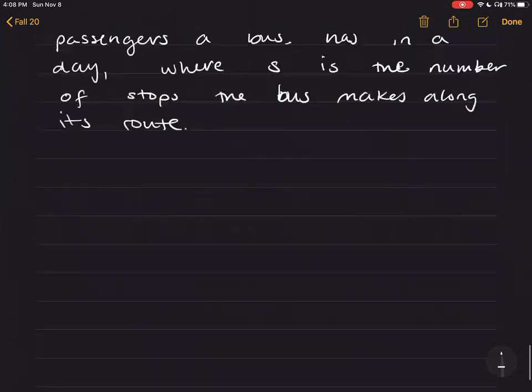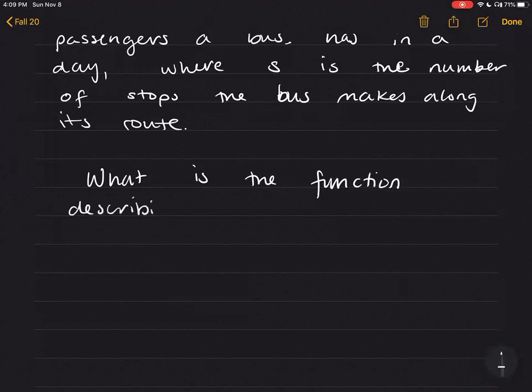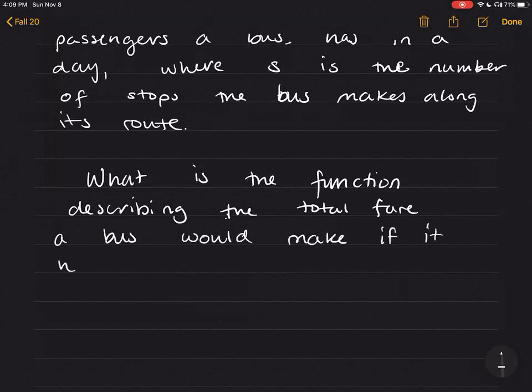So we want to know, what is the function describing the total fare a bus would make if it had S stops.